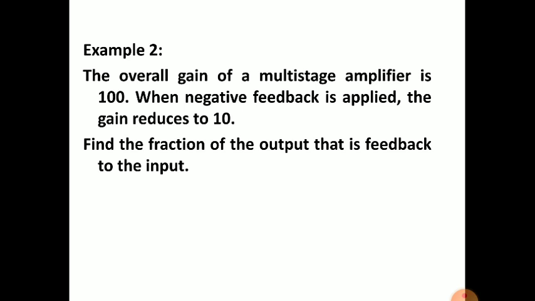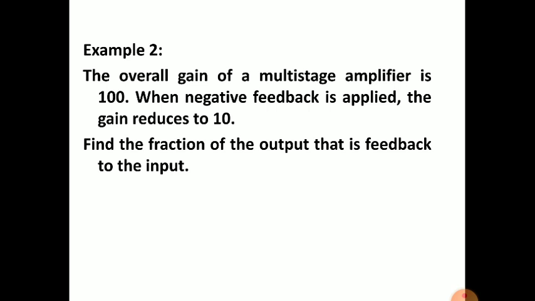Please remember the formula because they have asked only about the gain with negative feedback. So AF is equal to A by 1 plus A beta. We have been given the overall gain, that means without feedback: overall gain of the multi-stage amplifier, total gain is 100, A is equal to 100, and when negative feedback is applied, the gain reduces to 10.